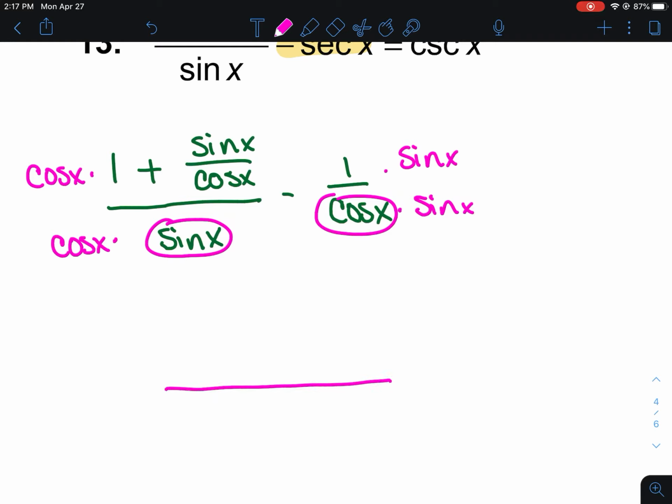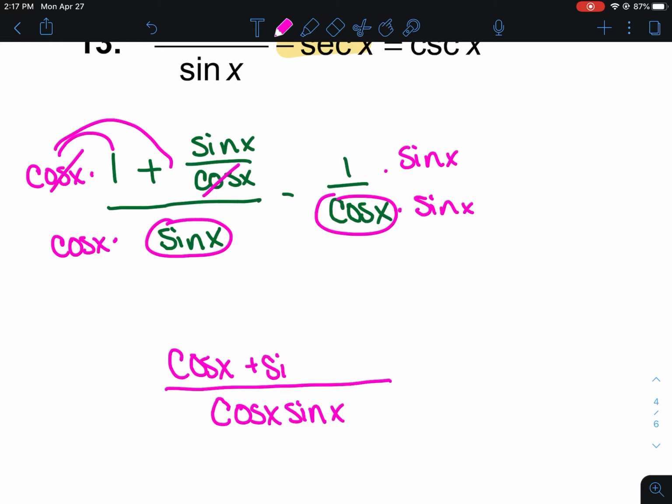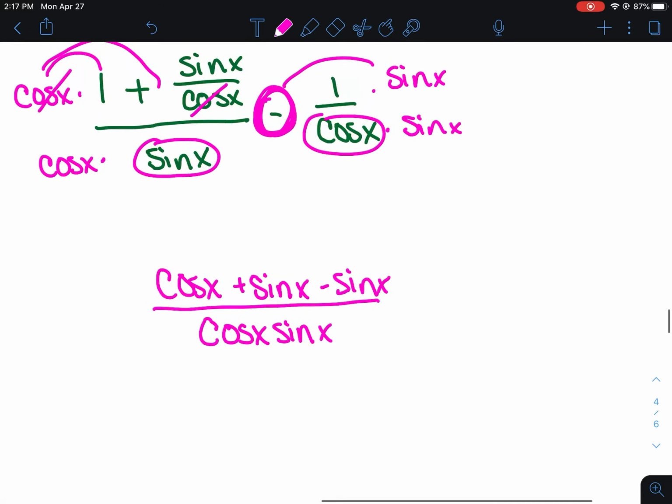So I know that my common denominator, cosine x sine x, is going to be on the bottom there. I can distribute this cosine x. When I distribute here, the cosines cancel, leaving me with just sine. And be careful of this negative. That's a negative 1 times sine, which gives me a negative sine x.